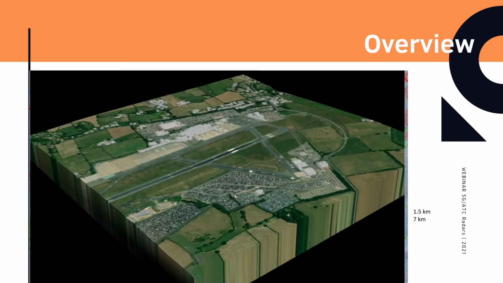This is a 3D model, so we're going to use 3D simulation in order to predict the signal from the 5G sites into the air traffic controller radar. So the building height is important if you want to feed this information into ITU 450.